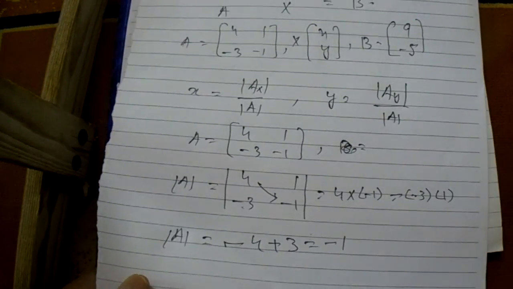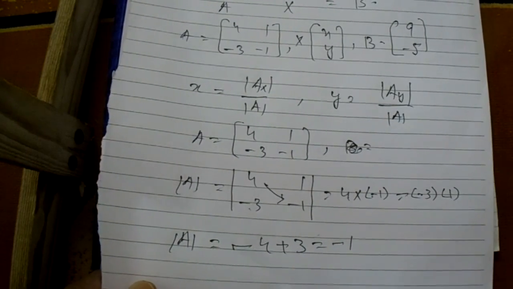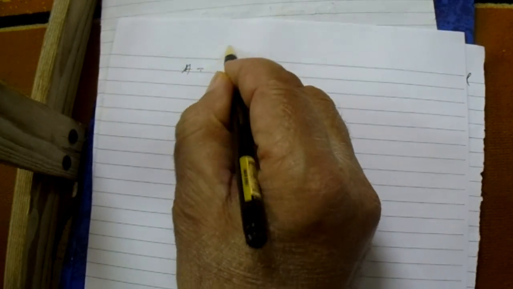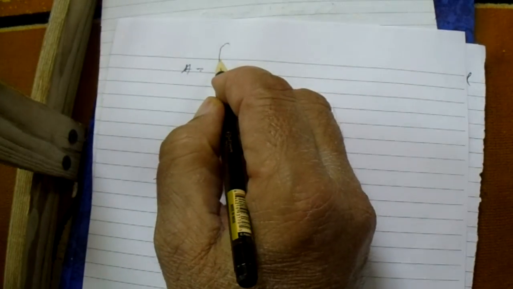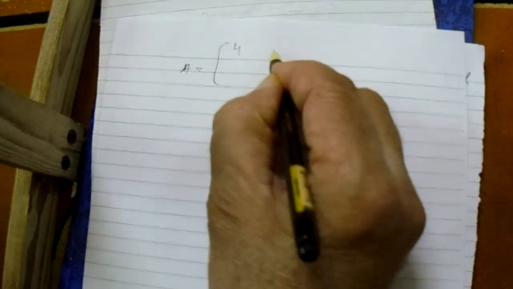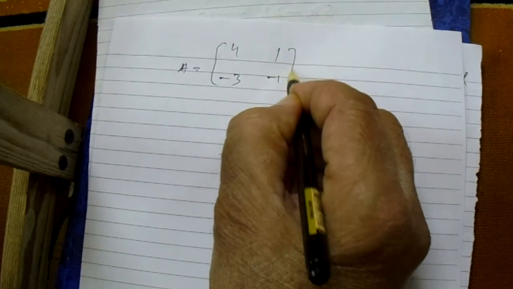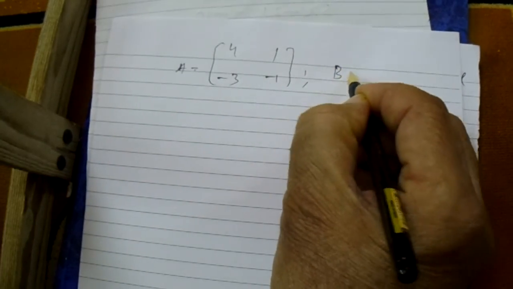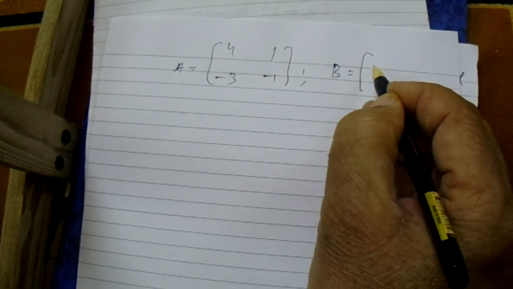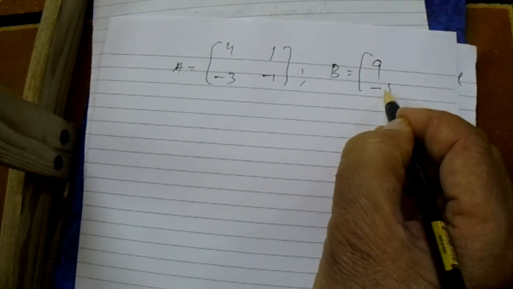Now again we write the A matrix: 4, 1, minus 3 and minus 1. The B matrix is 9, minus 5.